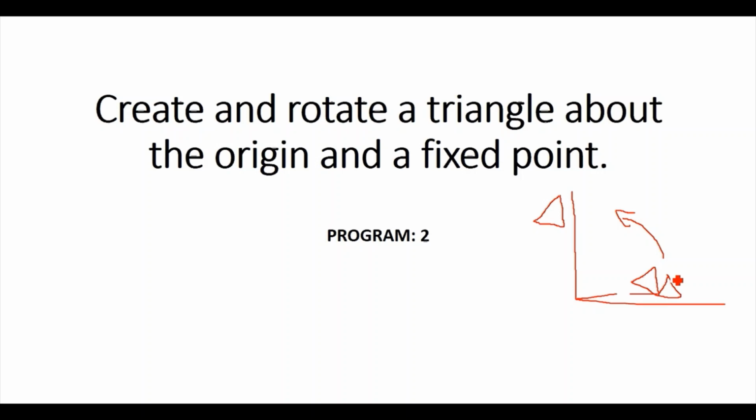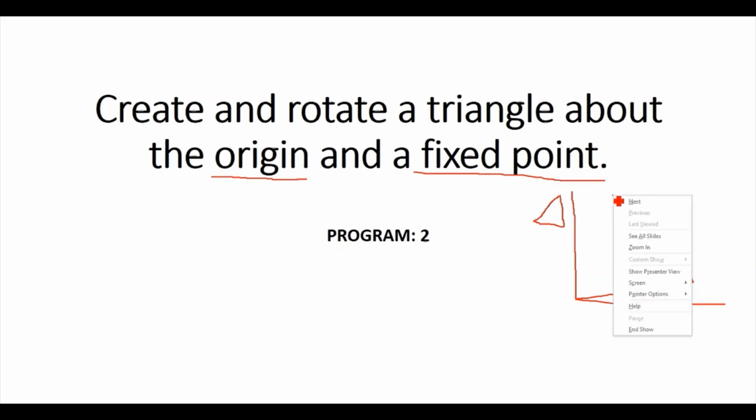Or if this is the fixed point, we would get like this. So there are two kinds of rotation. One is around the origin and the other one is around a fixed point. So in this video, we'll be learning about how to do both of these rotations using OpenGL.